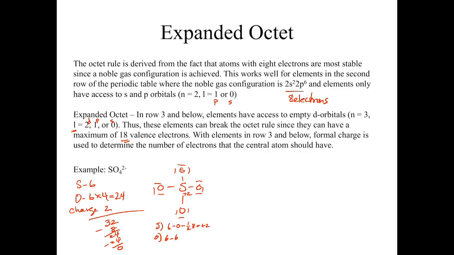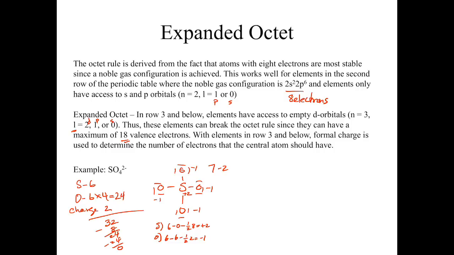In this case, we're going to get 6 minus 3 lone pairs, so that's 6 minus 6 minus 1/2 of 2. That's going to be a -1. So that's going to give us -1, -1, -1, -1. If you add this all up, we're going to get -4 plus 2, which is -2.